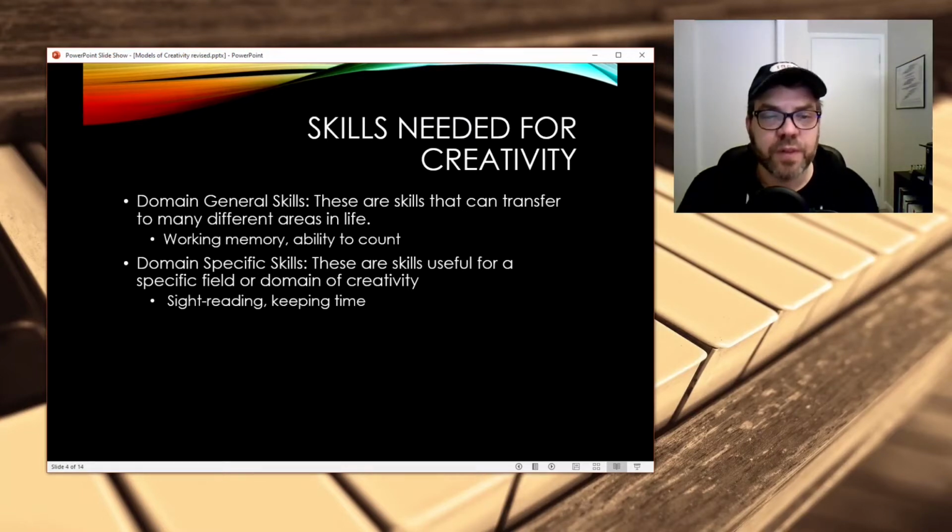Domain-specific skills are useful for a specific field or domain of creativity. So in music, most people at some point at least learn about sight reading, and you use your ability to count to help you keep time, keep rhythm in music. So that's the difference between domain general and domain specific skills.